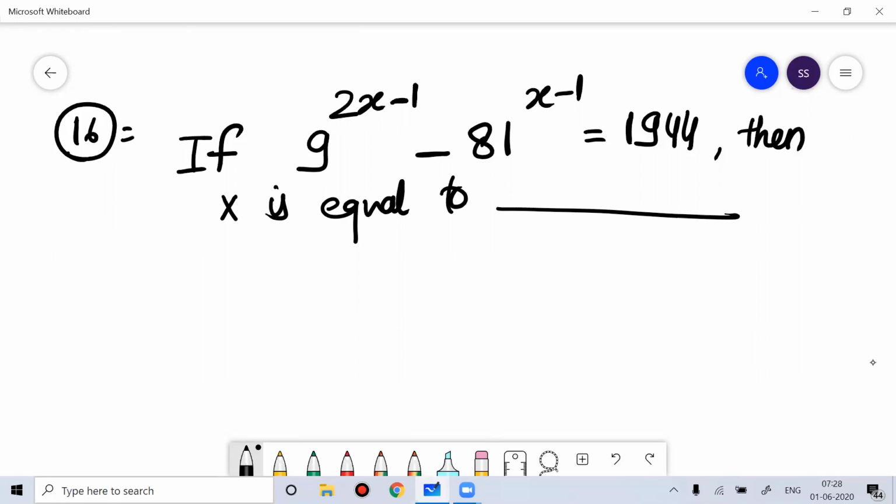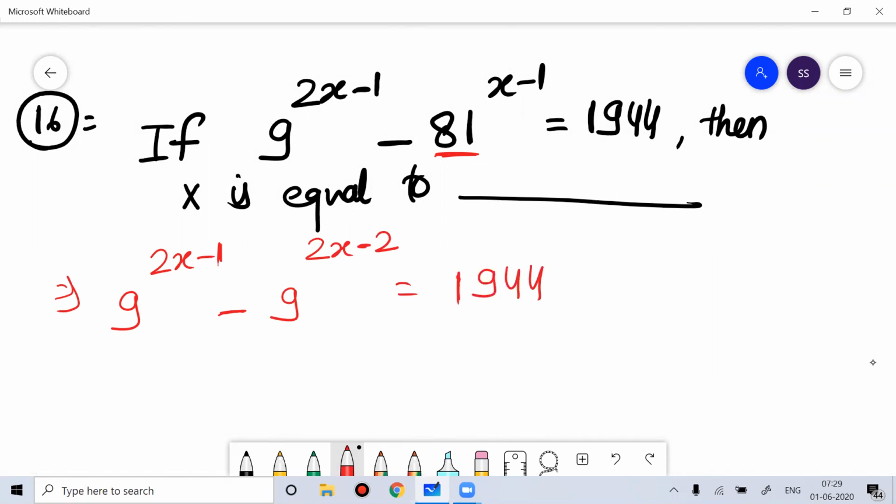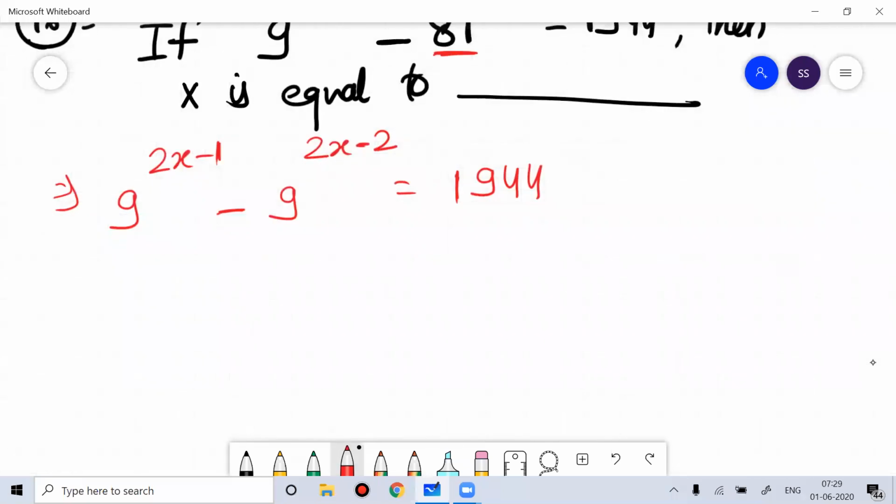Everyone, so again you can see this 81, you know how to break it. So this is 9 to the power 2x minus 1 minus 9 to the power 2x minus 2 equal to 1944. Now I can take 9 to the power 2x minus 2 common. So this would be 9 minus 1, here the power should be minus 2.